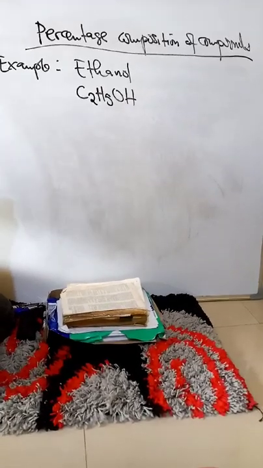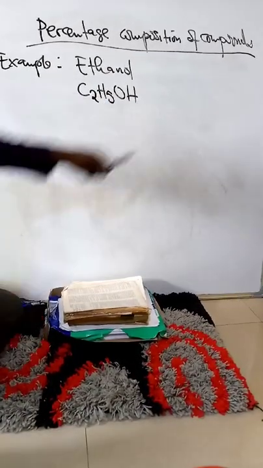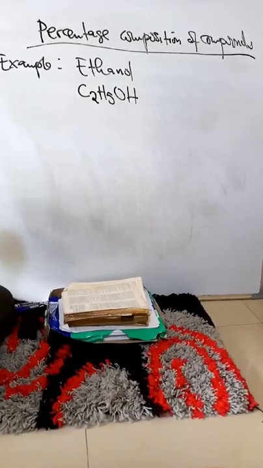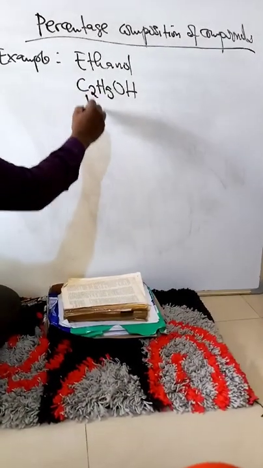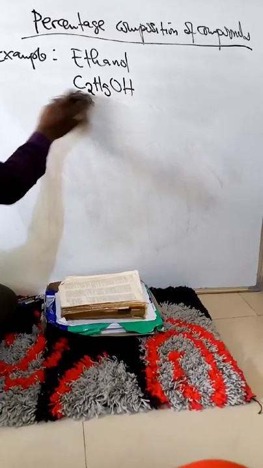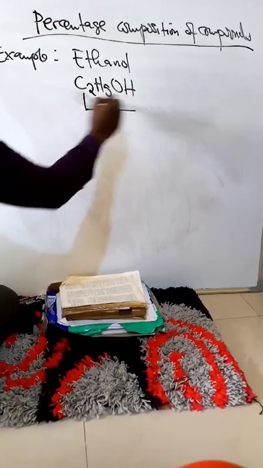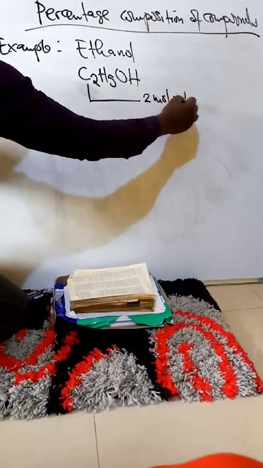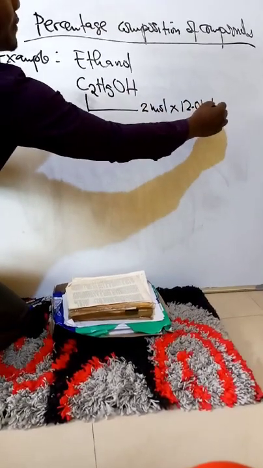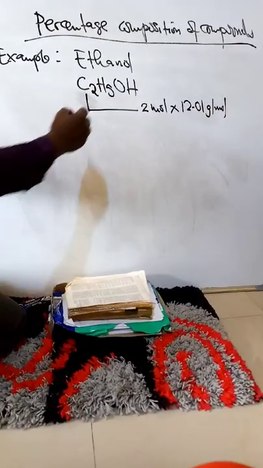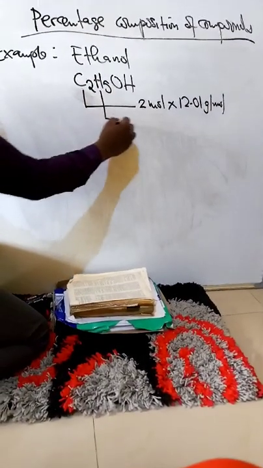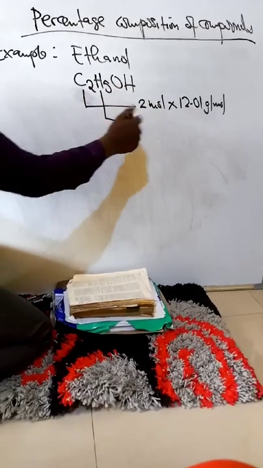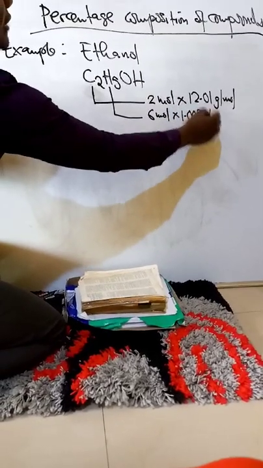So what we are going to do now, we first calculate the molar mass of ethanol. In this case, we have carbon here. There are 2 atoms of carbon. We have 2 moles of carbon. So 2 moles times the mass of carbon, that is 12.01 gram per mole. Then here we have 5 plus 1, that is 6 moles of hydrogen, times 1.008 gram per mole.